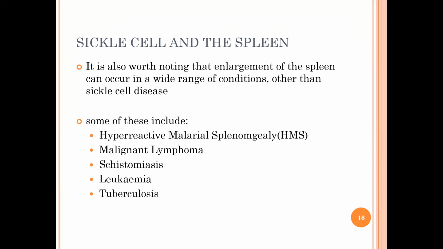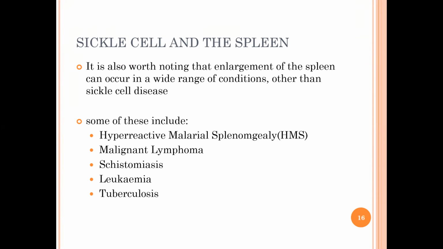It is also worth noting that if you have sickle cell disease and your spleen is enlarged, it is somewhat expected that people with sickle cell disease might have large spleens, but it is not only sickle cell disease that will give you a large spleen. There are other disease conditions that can give you a large spleen.